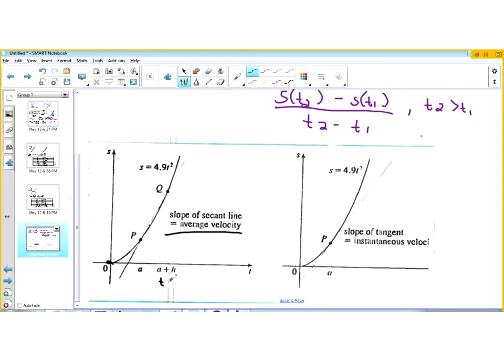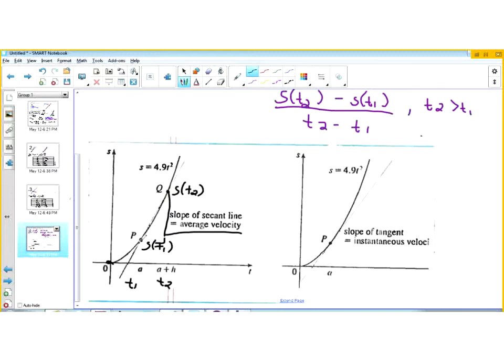And why is that? Because here is our T2, and then here is our T1. And then S, here's S. So S at T2 is denoted by point Q, so let me annotate that. So this is S of T2, and then here is our S of T1.